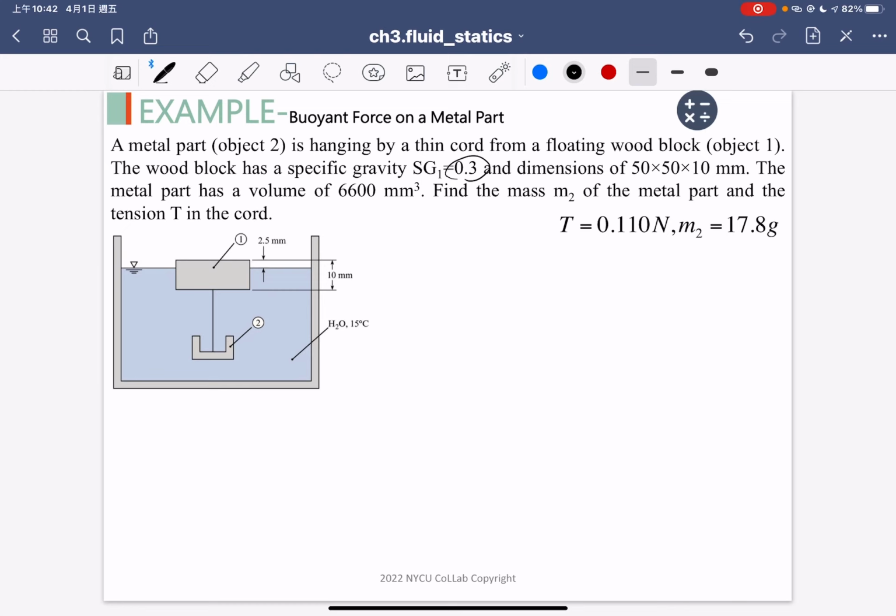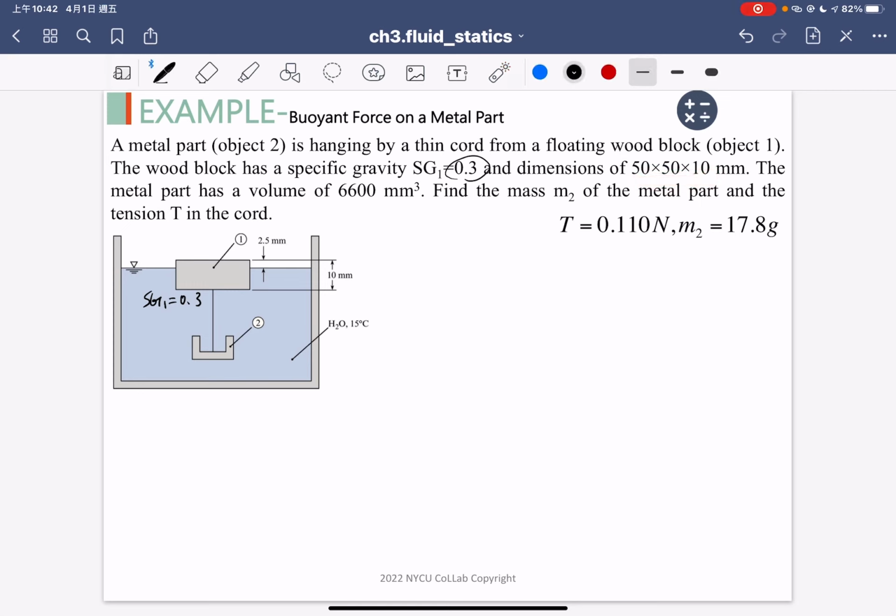And the dimensions are 50, 50, and 10 millimeters.